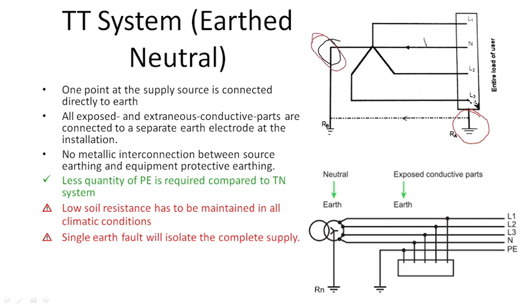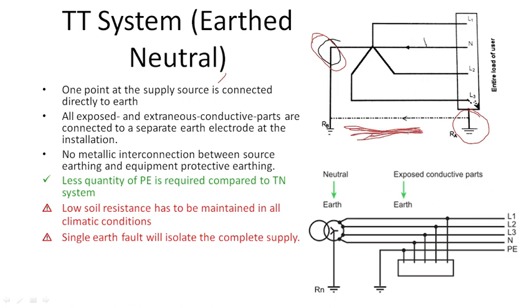The neutral point is grounded, as well as the extraneous or exposed metallic conductive parts are also grounded separately. You don't have any metallic interconnection between your source earthing and your equipment protective earthing, but they are interconnected through the earth medium.